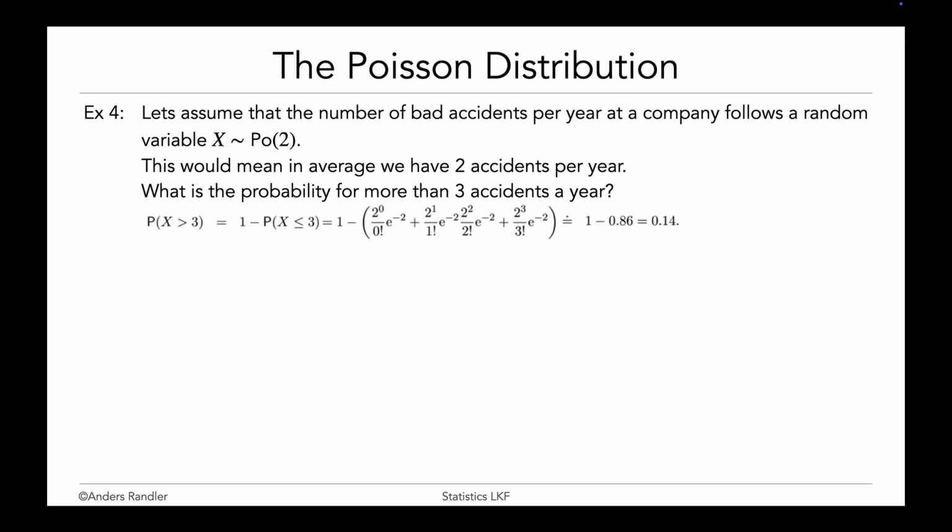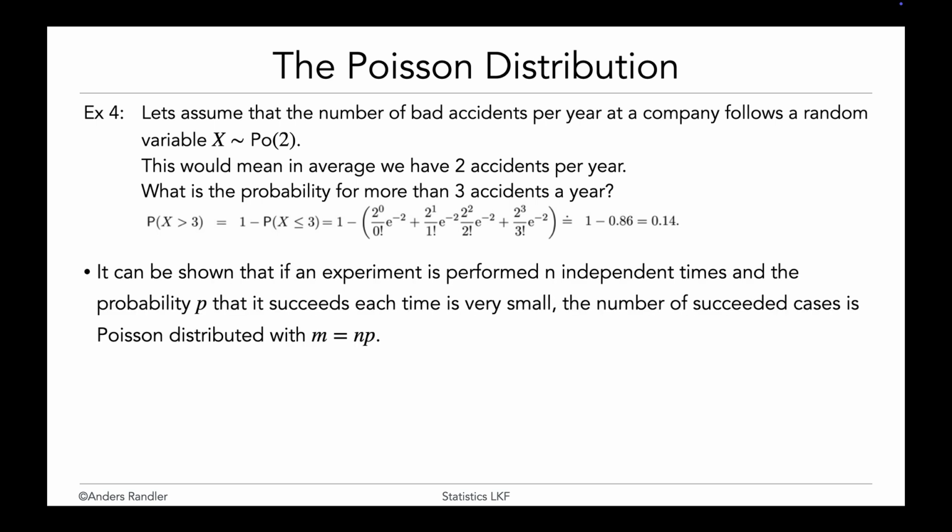We won't be dealing too much with the Poisson distribution. It's a discrete one, and it's modeling cases where you want to know the number of successes during a certain time period. And as I tried to tell you, it's kind of like a generalization of the binomial distribution. The mathematical process to get from the binomial distribution into this is quite complicated, so I won't tire you with it.